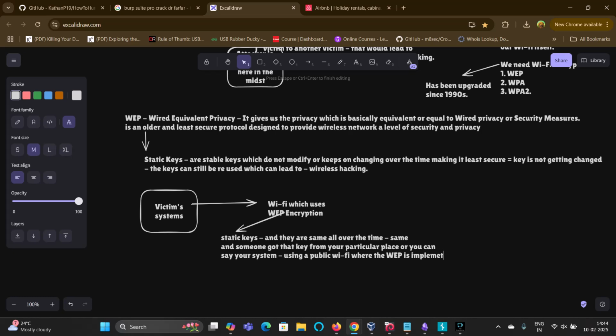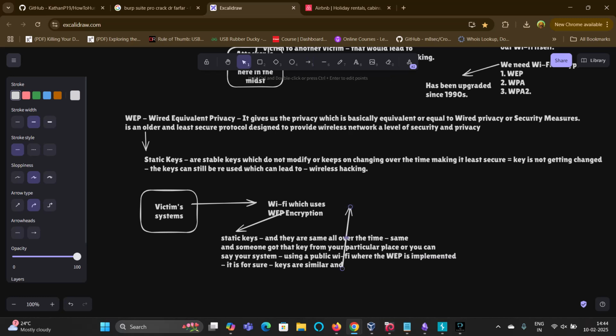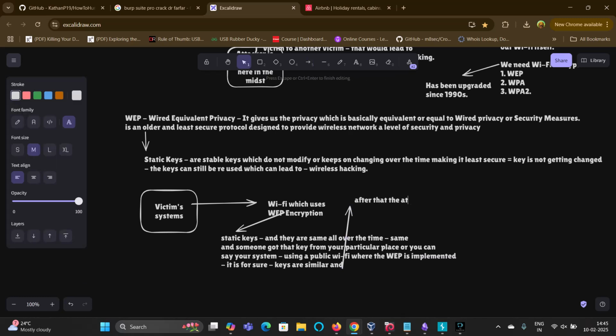If WEP is implemented, then for sure the static keys are similar, and after that the attacker can sniff your data, because the hacker is also using the same Wi-Fi, leading to a huge data loss and privacy breach as well.